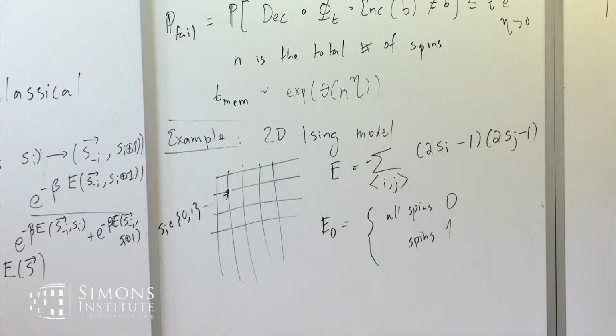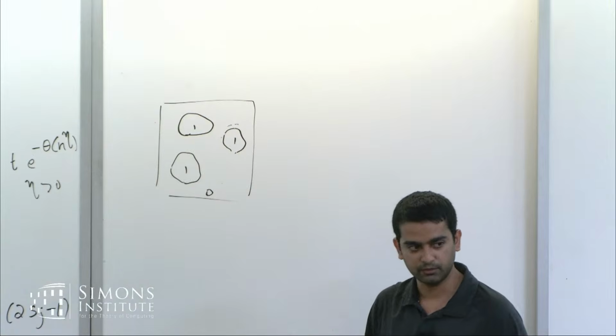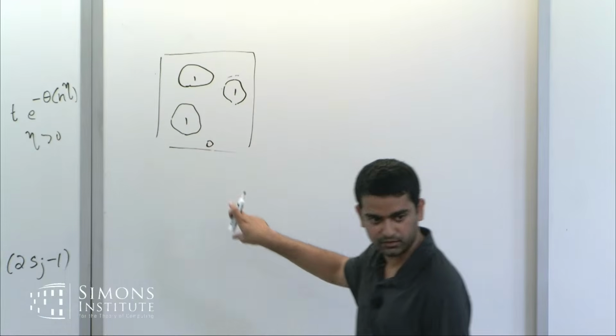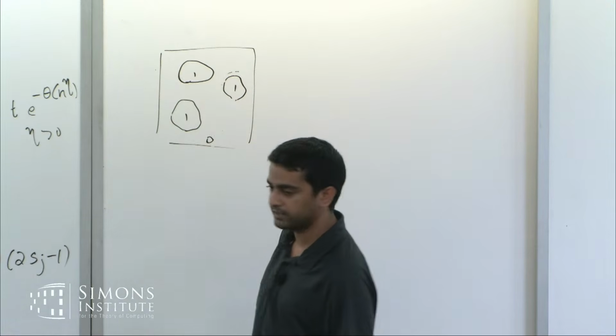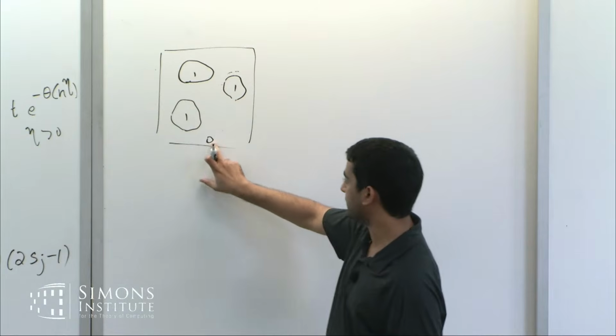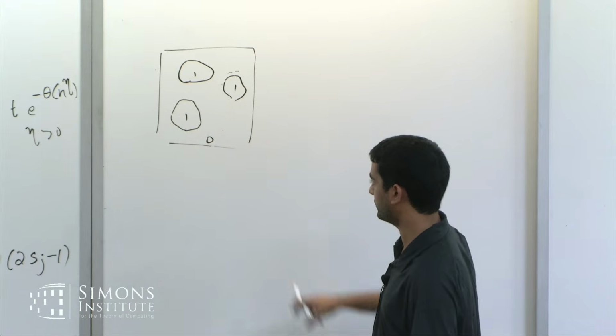And the zeros and the 1s are separated by things that we call domain walls. The way the decoder is going to work is it's just going to identify all these domain walls. It can identify all these convex domain walls, and then shrink them. So in this configuration, since I just have a very small number of domain walls of 1s on top of a bunch of zeros, I can shrink these with the decoder, and decode this configuration into the all zeros configuration.